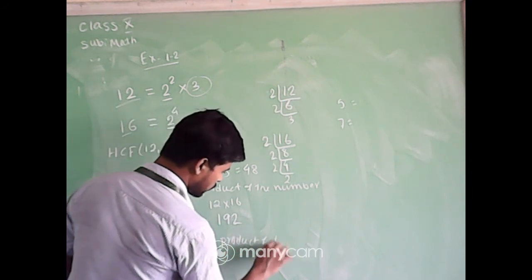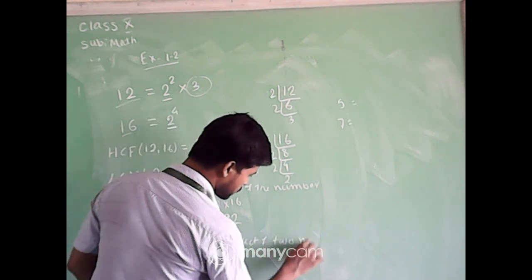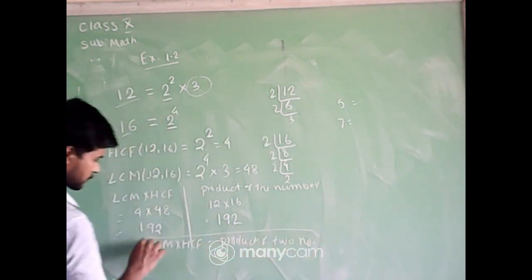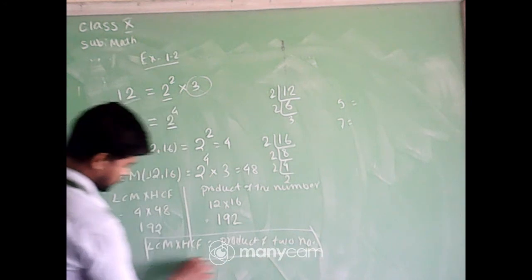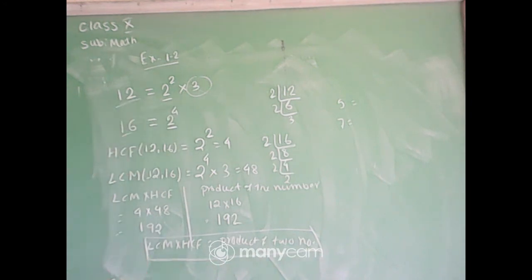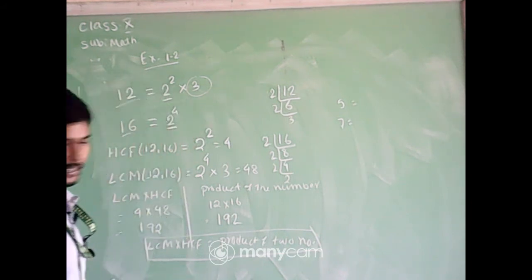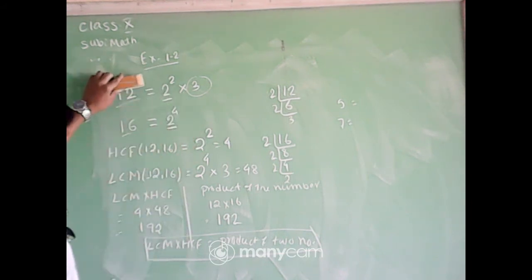This is a formula. Now let me give you a few questions to find the LCM and HCF by using the prime factorization method.